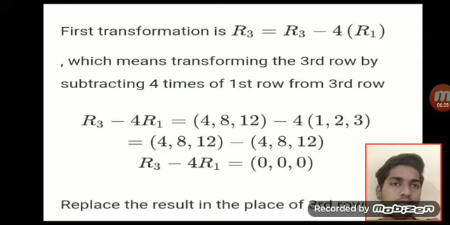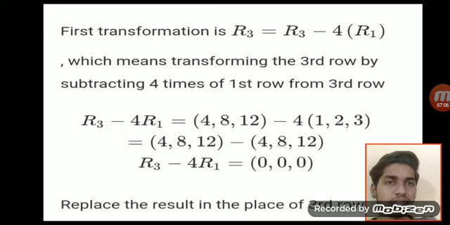R3 - 4R1 is equal to (4, 8, 12) - 4(1, 2, 3), which is (4, 8, 12) - (4, 8, 12) = (0, 0, 0).